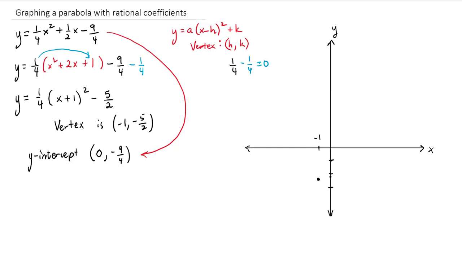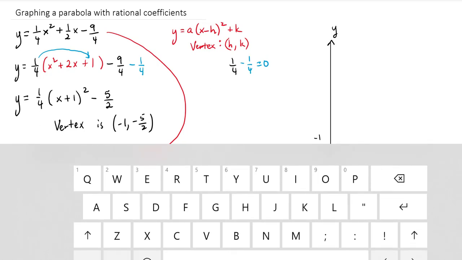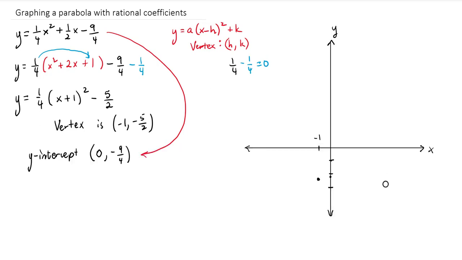And so it would be nice to draw another point that's symmetric to that, and we can label this point.